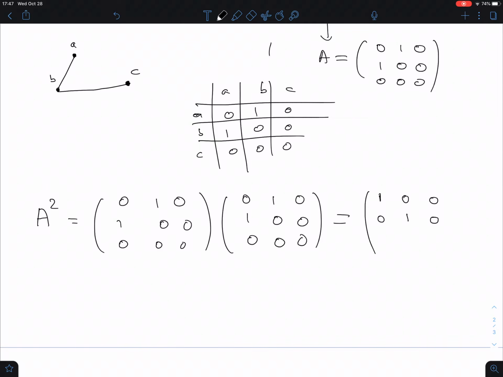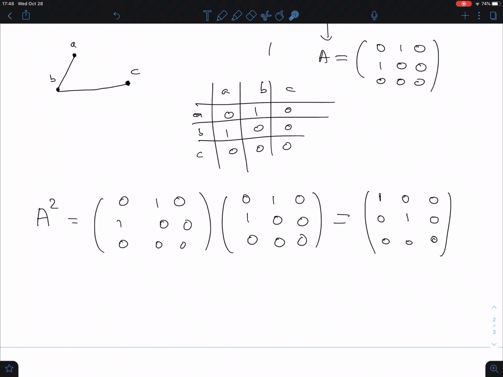And if you continue to do this, I hope it's again clear that it's 0. And I also hope you see that anything in this last row, I would have to multiply this with this column, this column, this column, but of course it's all 0, so the result is going to be 0 here. So I get this matrix. Now I can think of this as an adjacency matrix, but it's no longer of a simple graph because I have now a 1 here.